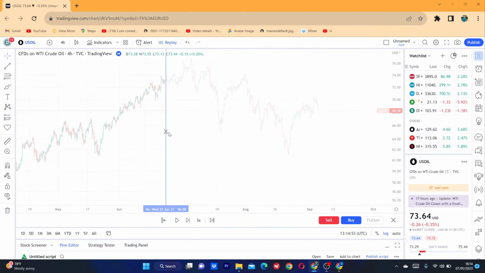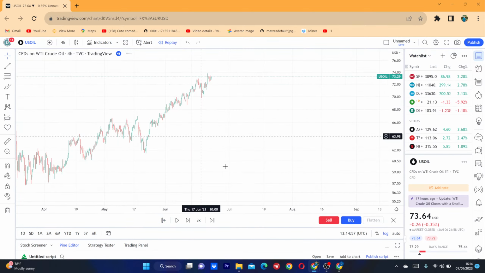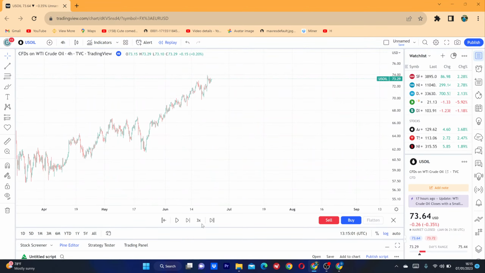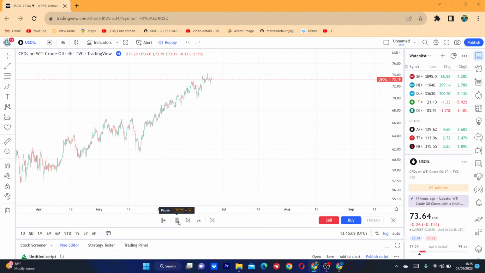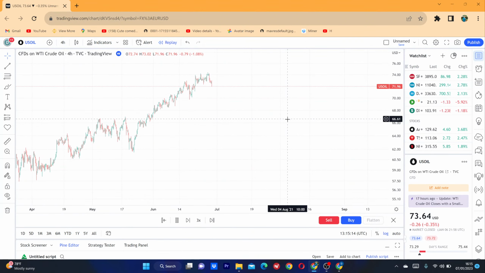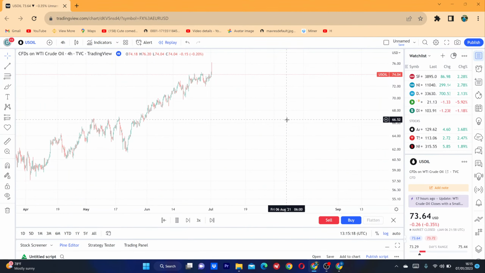Then you can be playing with your speed, you choose what speed you want. If your speed is times 10 or times 3, that will be very important. Let me play so that you can see what we call back testing. You can see the back testing over here, this is the movement up and down. So this is the back testing we'll be talking about.